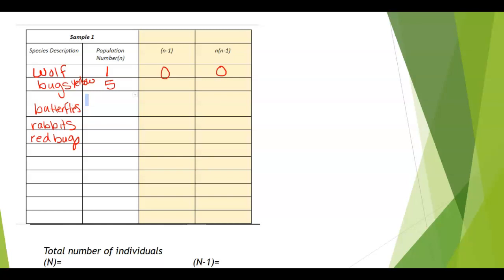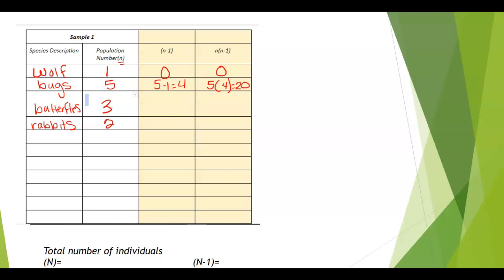So we're going to say there's 5. I'm just going to make up some numbers here. Let's say we got 3 butterflies and we have 2 rabbits. These are the n's. So n minus 1 would be 5 minus 1, which equals 4. Then we take n, which was 5, times 4, and that gives us 20.